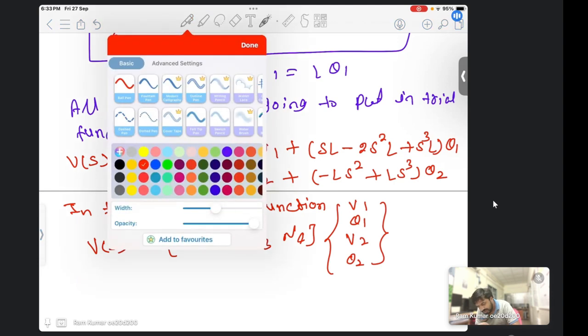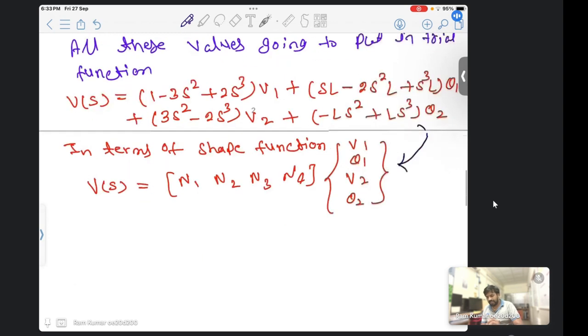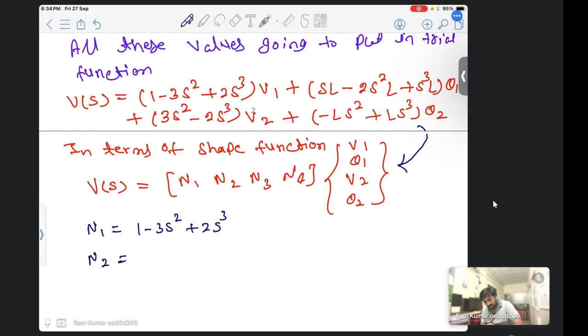So this equation we can write in this way, and then what will be n1, n2? n1 will be 1 minus 3s square plus 2s cube. n2 will be sl minus 2s square l plus s cube l.